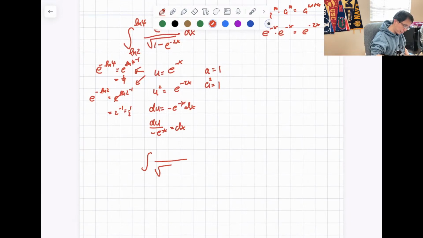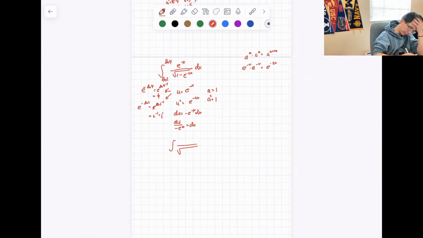And root a squared minus u squared, and du times negative e to the negative x times e to the negative x.